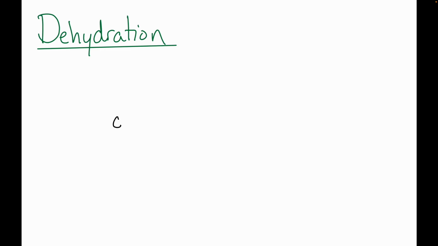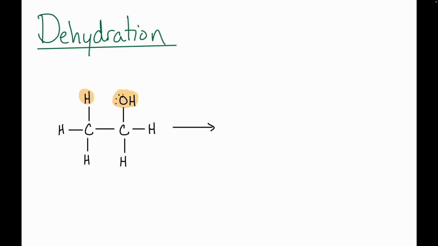All right, so I'm going to draw a full Lewis structure here to make a point. When we dehydrate this alcohol, we're going to lose the equivalent of a water molecule, creating an alkene, a carbon-carbon double bond.